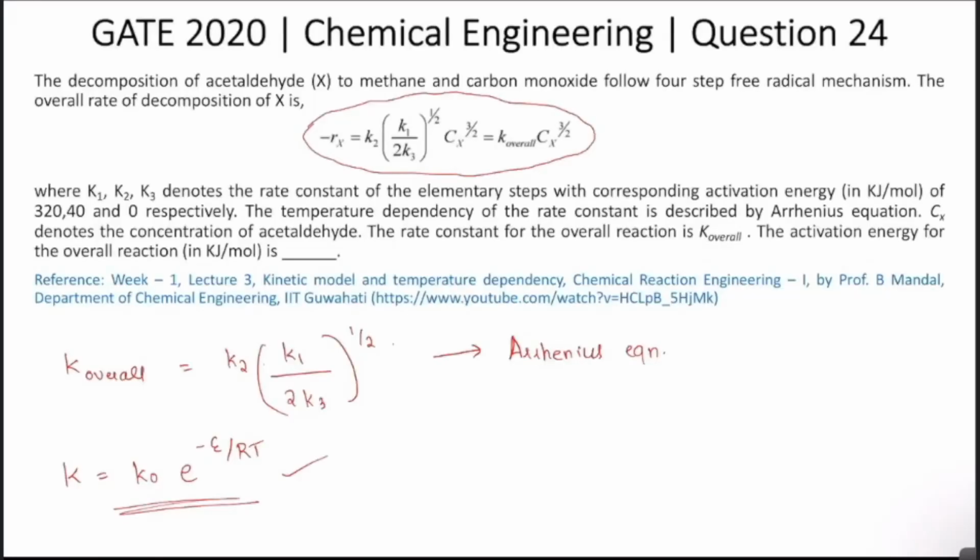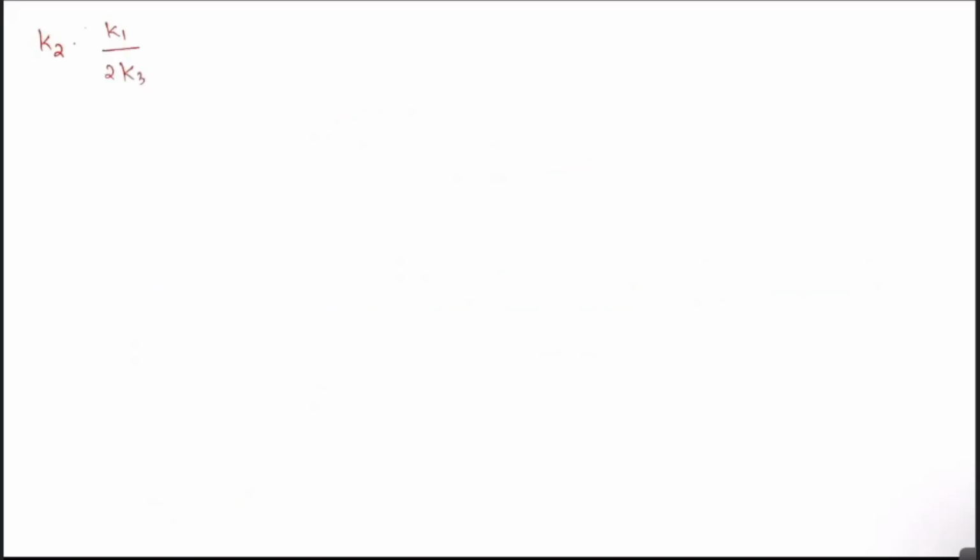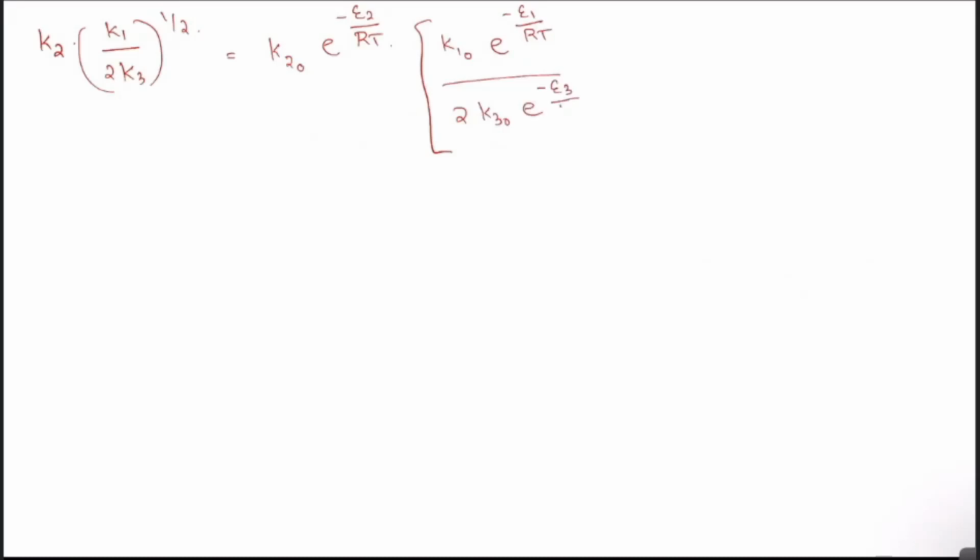So we can write K overall, which is equal to K2 into (K1 by 2 K3) the whole raised to 1 by 2, as K20 into e raised to minus E2 by RT into K10 e raised to minus E1 by RT, by 2 into K30 e raised to minus E3 by RT, the whole raised to 1 by 2.